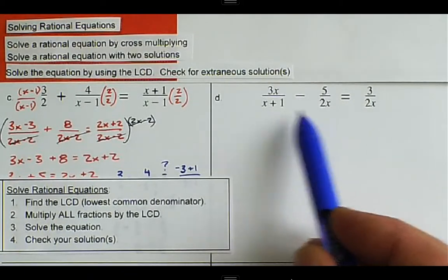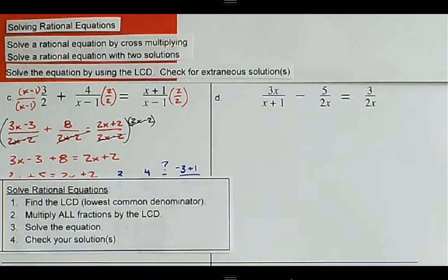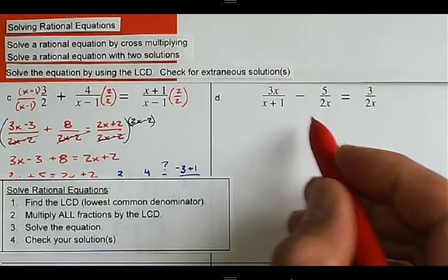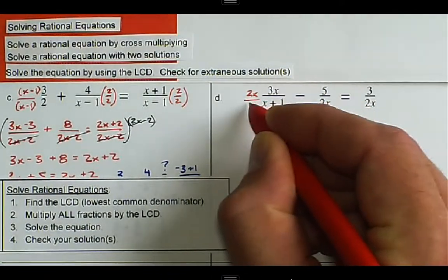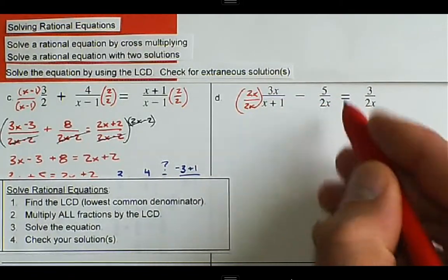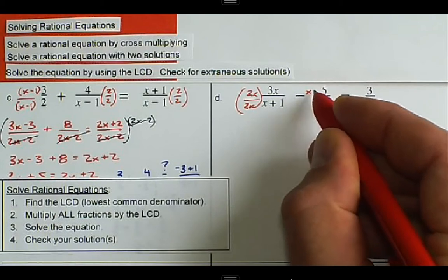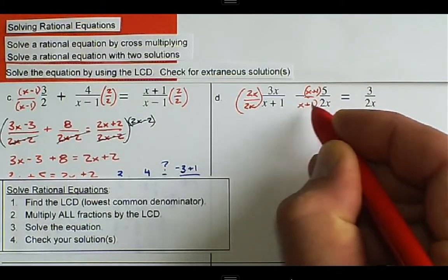So we have to make sure that each one has the 2x and the x plus 1. In order to add the 2x here, on the left side, we have to multiply by 2x over 2x. For each one of these, we have to multiply by x plus 1 over x plus 1.